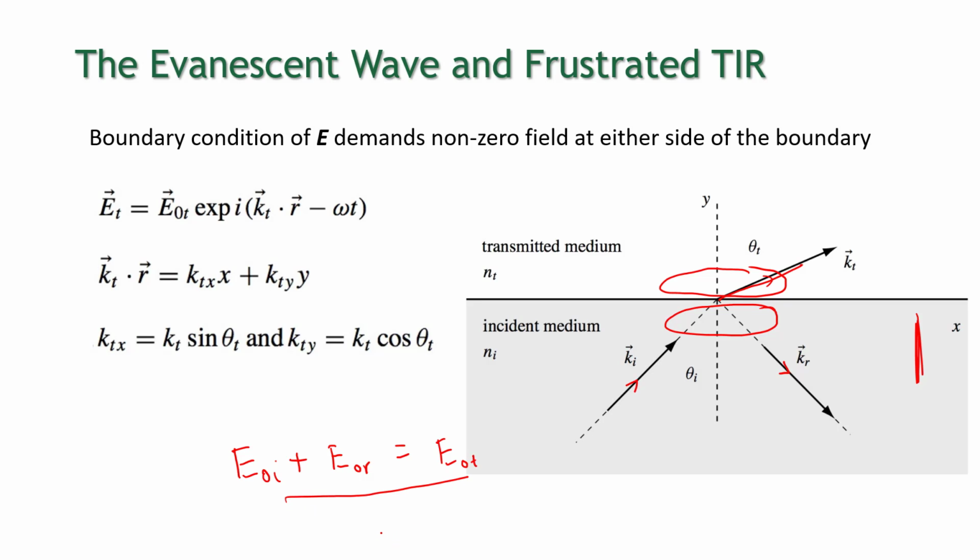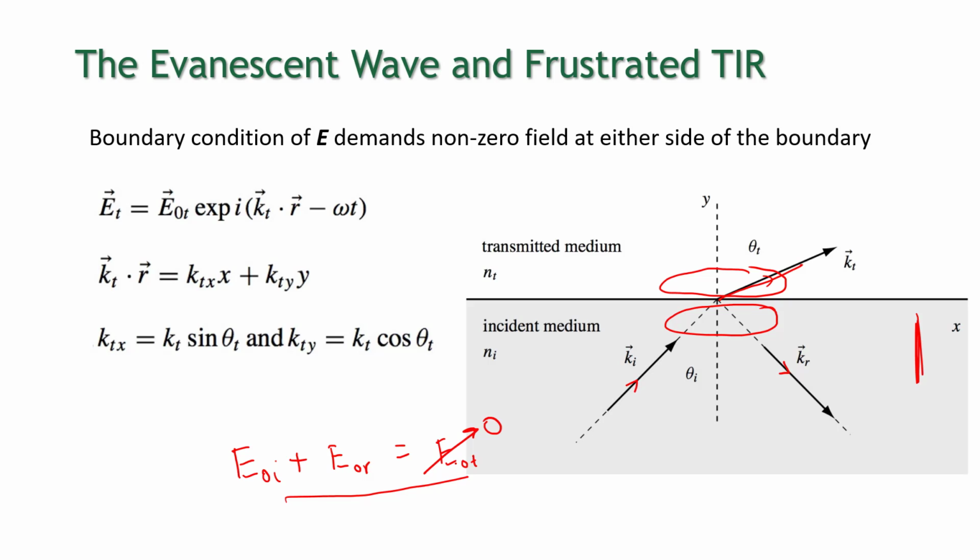Now we saw in the total internal reflection that nothing goes in this part, everything is reflected back. That means that doesn't satisfy the boundary condition. We are in the total internal reflection, we are seeing this to be 0, and that cannot be true based on the boundary condition. You cannot have discontinuity in the electric field.